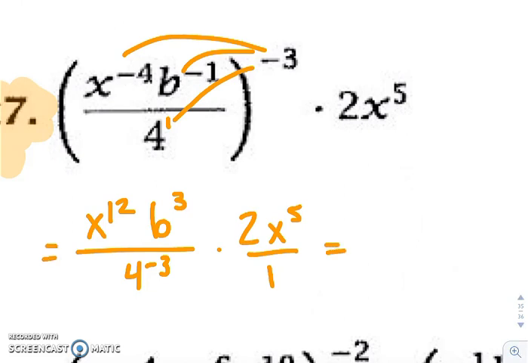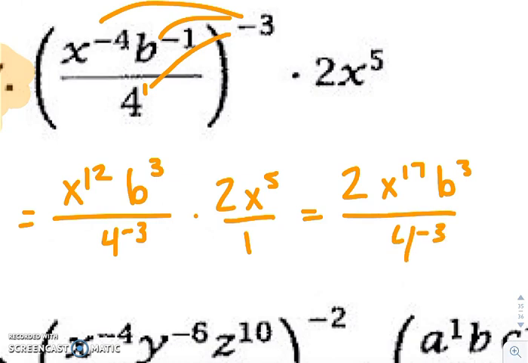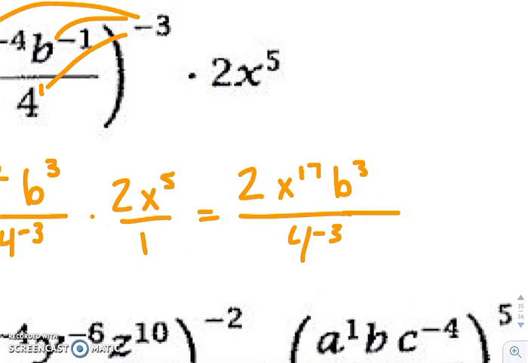So now I'll multiply straight across. So we still have 2. x to the 5th times x to the 12th is now x to the 17th. b cubed. And this would technically be over 4 to the negative 3rd. But because that's negative, it really needs to come up to the top with everything else. So in this case, we'll actually not have a denominator unless you want to leave it as 1.